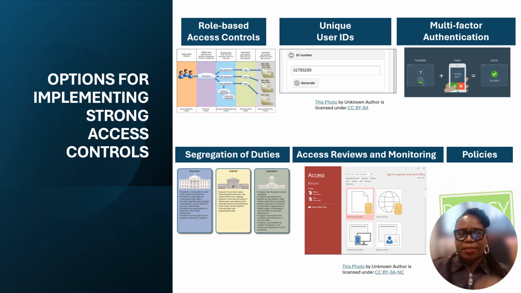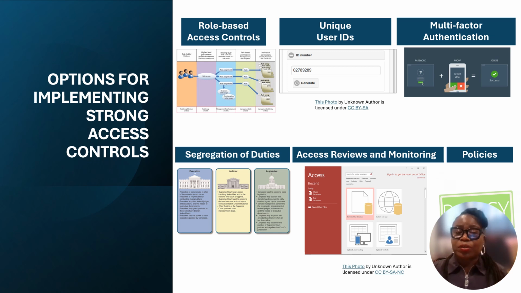And this separation should be enforced in development, testing, production, all environments to prevent unauthorized access and changes to sensitive data and production systems. So having that segregation of duty is a checks and balances.